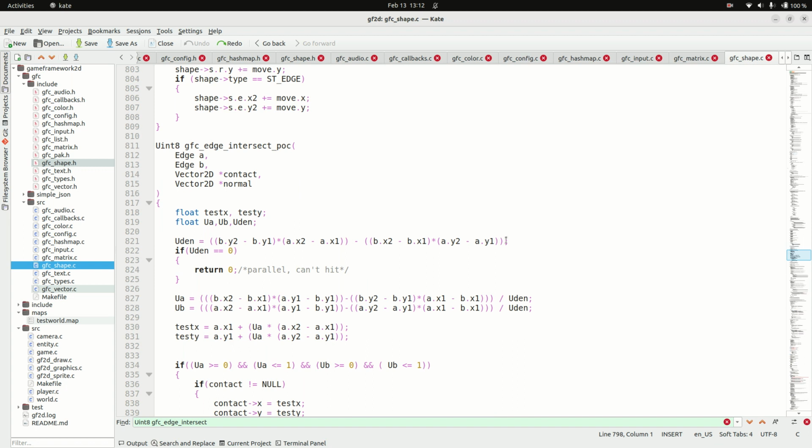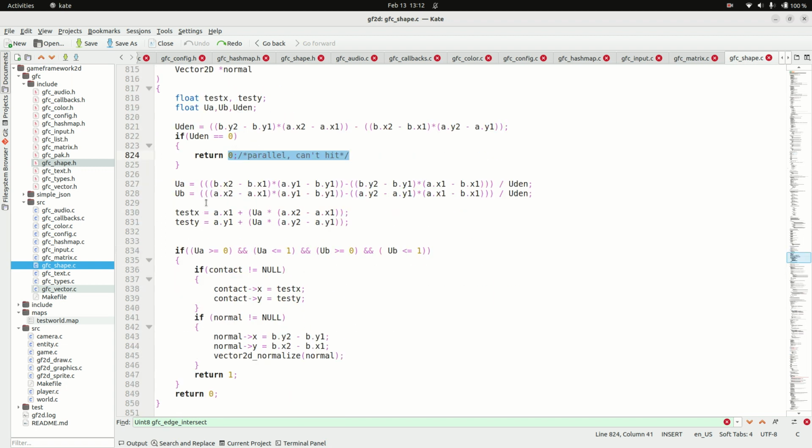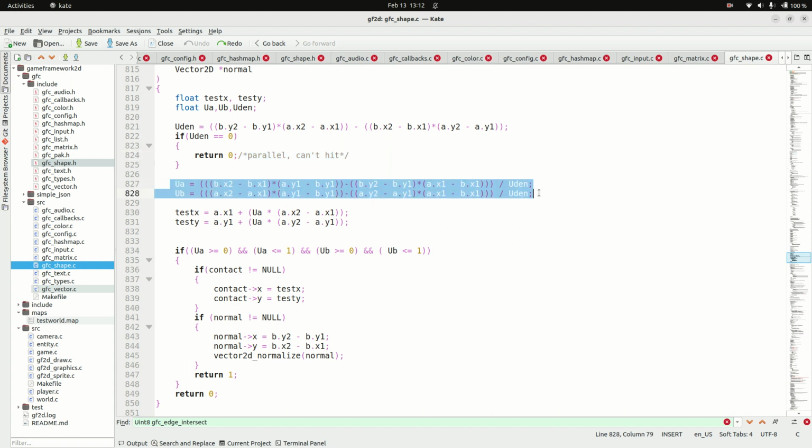So this is basically our dot product, and if it is 0, then our denominator is 0, they're parallel and can't possibly hit, so return 0. That's our first reject test. Then we do the line equations, finding where these two segments would intersect.